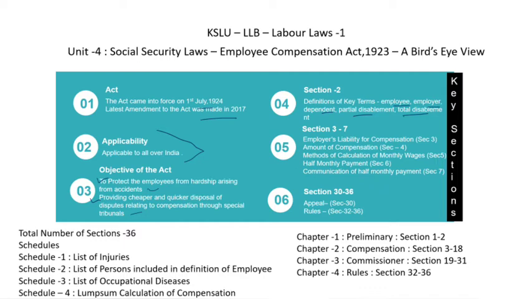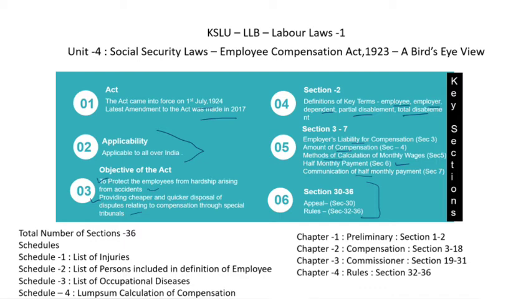Section 3 deals with the employer's liability for compensation, Section 4 deals with the amount of compensation, Section 5 deals with methods of calculation of monthly wages, Section 6 with half-monthly payments, and Section 7 talks about communication of half-monthly payments. And finally Sections 30 to 36 talk about the appeal process and the rules related to the Employee Compensation Act.